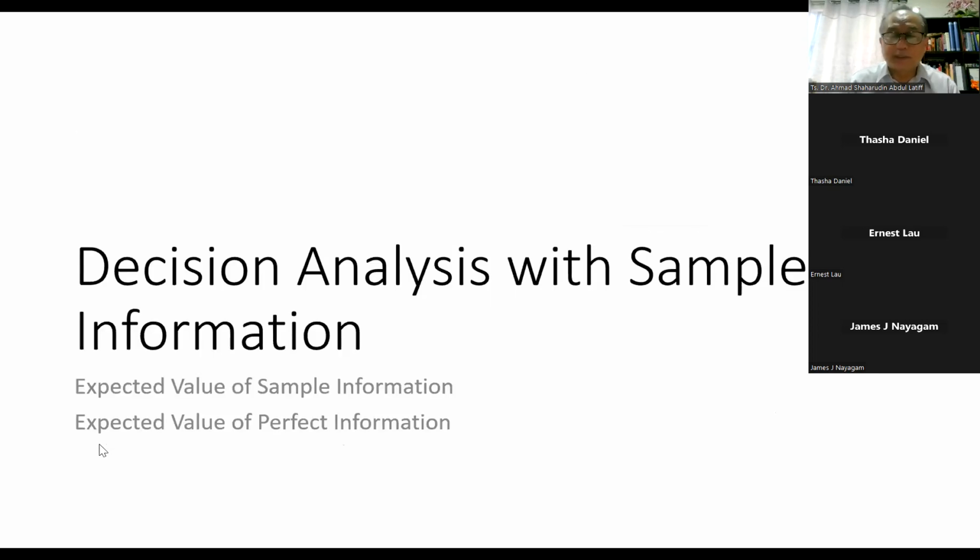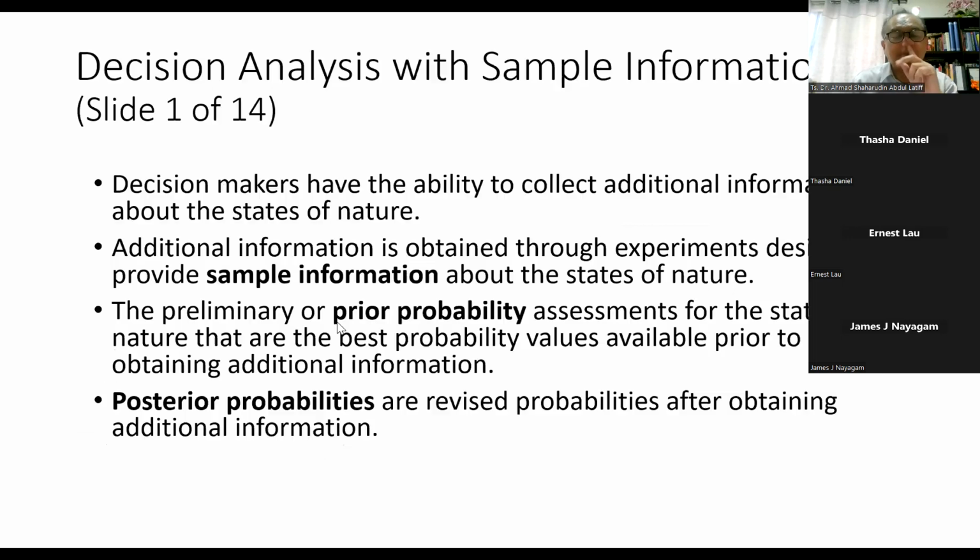Okay, the demand probability. Now, decision analysis with sample information. This is an example. If you have sample information, we look into how to use the ability to collect additional information about states of nature. We can obtain it through experiment.